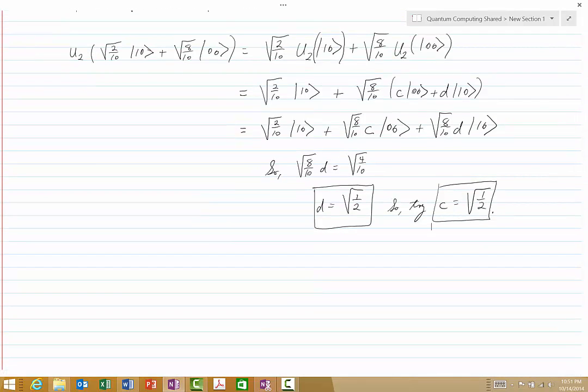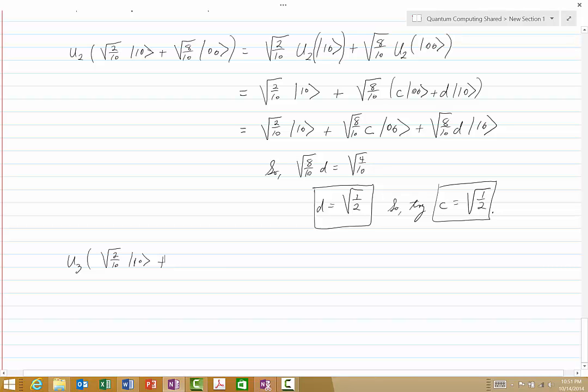And now finally, for the last step, u3 is going to act on what comes out of u2. So we have u3 of square root of 2/10 1 0 plus now square root of 8/10 times c.